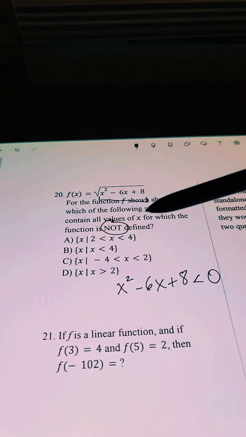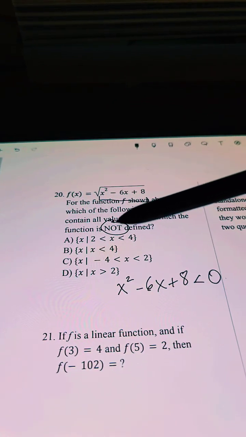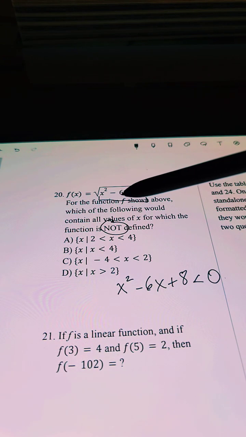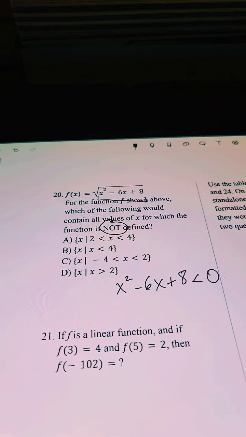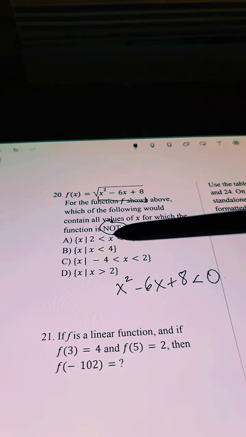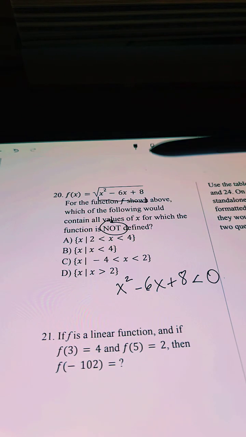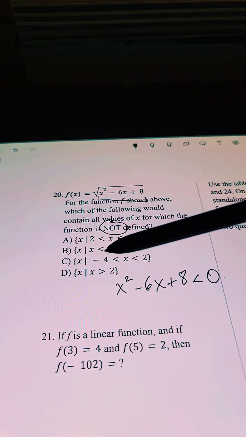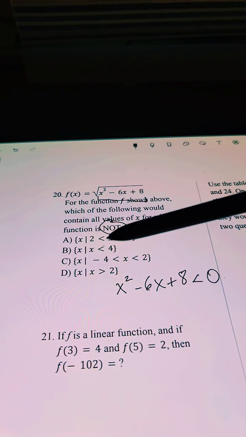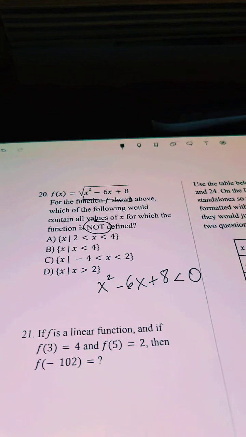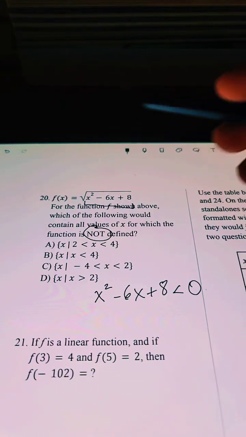If you're good at mental math, you can easily pick numbers that fit and see if it ends up giving you a value that's less than 0. You could pick 3 and plug it in for A, since 3 is a number between 2 and 10, and see if you get a number less than 0. With the next one, B, 3 works for both of these, but for B you want to pick something that doesn't work for A, like maybe 0. It depends on if you're good at mental math or not.